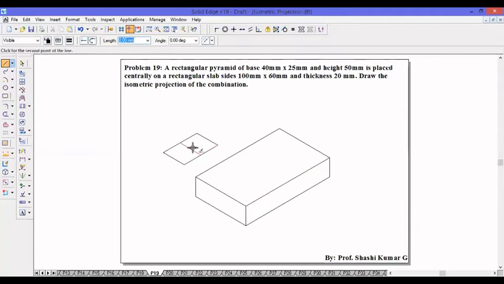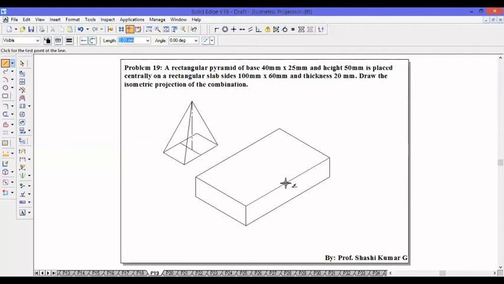From the midpoint you need to draw the axis line. So axis line, the height is 50 mm, 90 degree. Take continuous line and join to the corresponding corners, from apex to every corner.